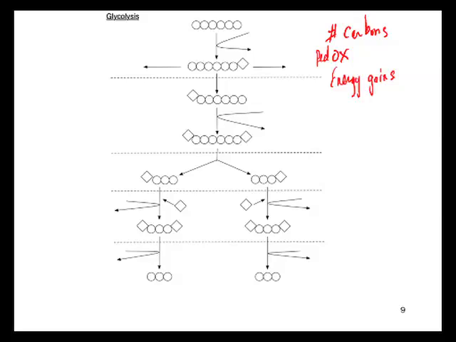Now, here's a key. A circle is a carbon atom. A diamond is a phosphate.